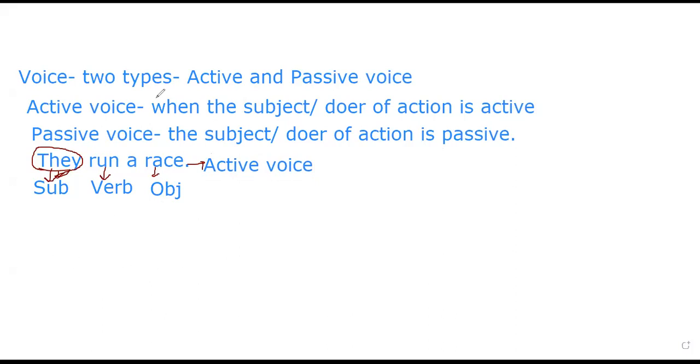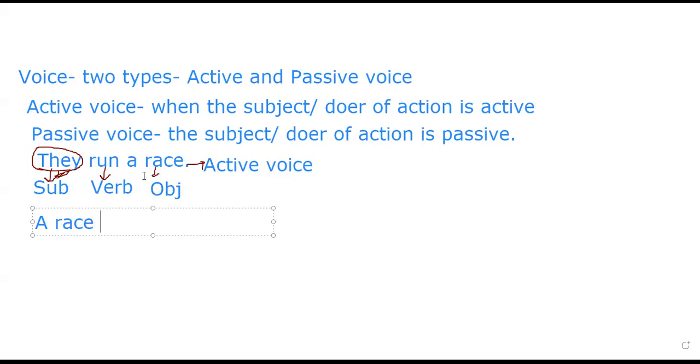Now, if we change it into passive voice, what will happen? In passive voice, the subject is made object and object is made subject. Correct? So it will change. A race. Okay.